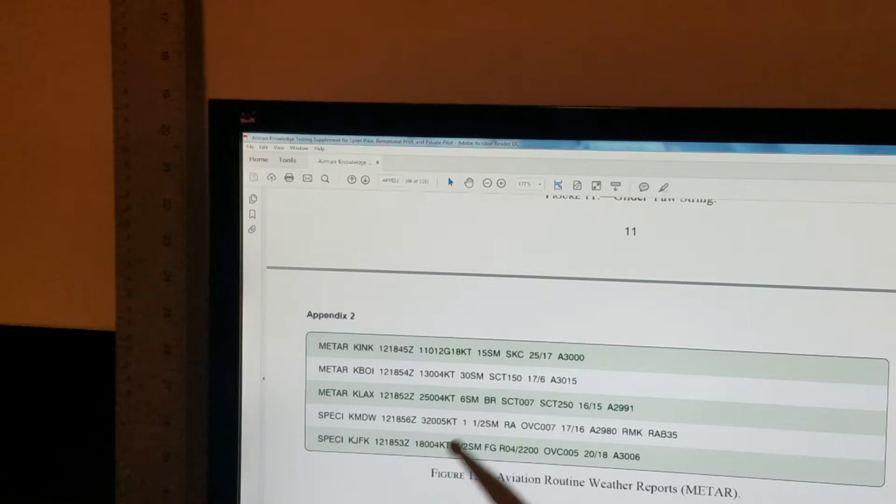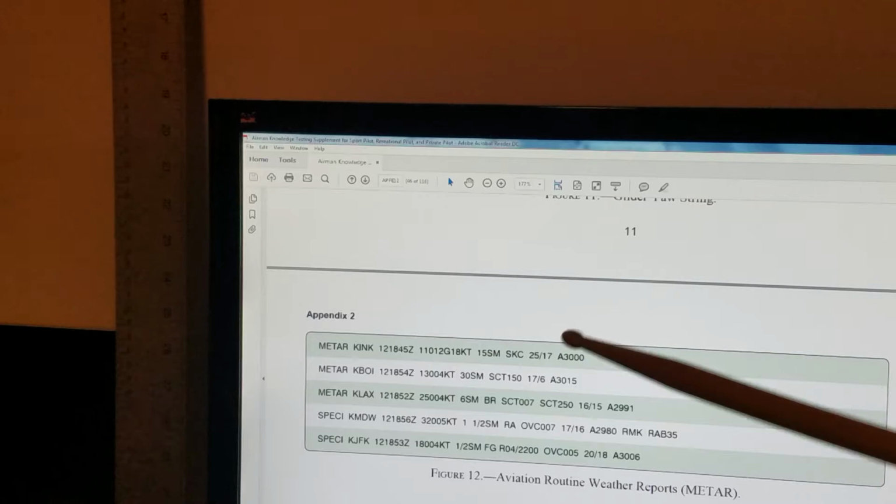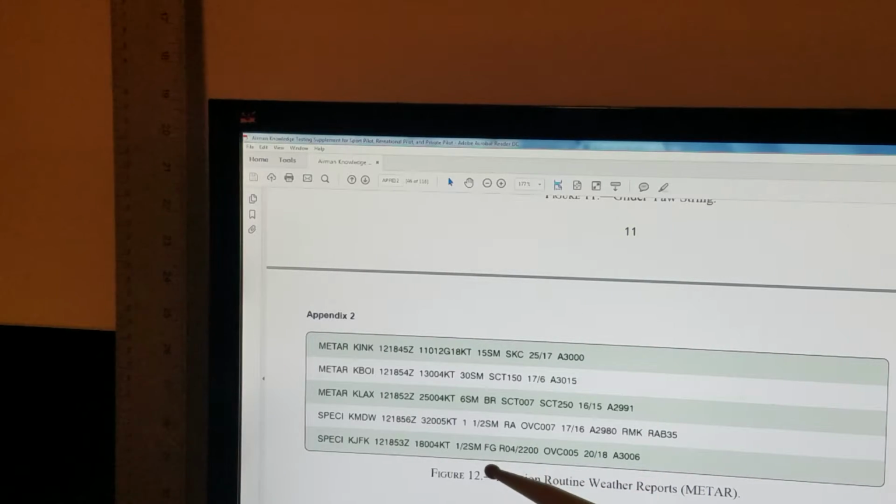Okay, and then the next one is the visibility. Visibility, you see here, is half a mile, statute miles, and then the other codes are on the abbreviation page and the METAR code.